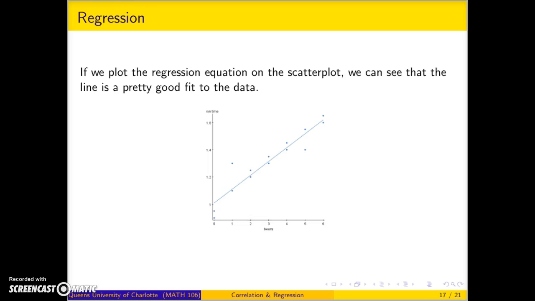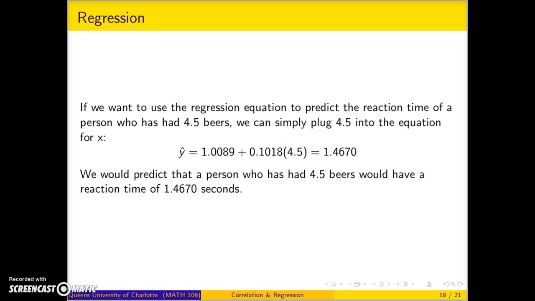And now you can plot the regression equation on the scatter plot using StatCrunch, and you can see that it's a pretty good fit to the data. If you want to predict the reaction time of a person who has had 4.5 beers, we can use this regression equation and simply plug in 4.5 for the number of beers.